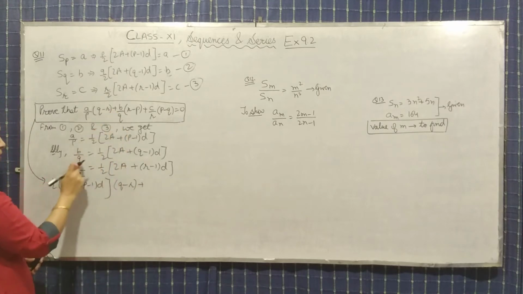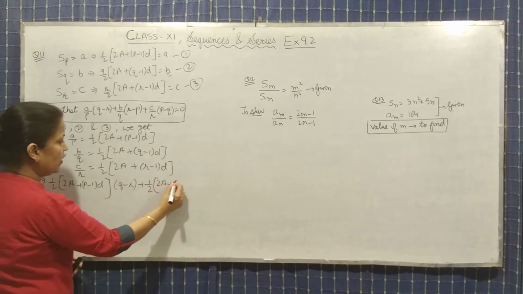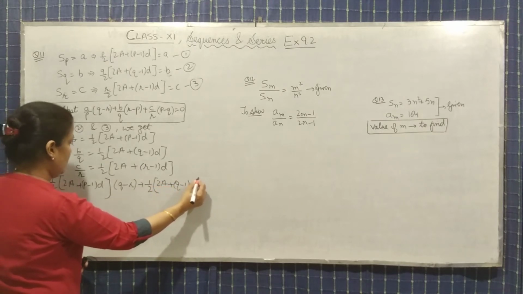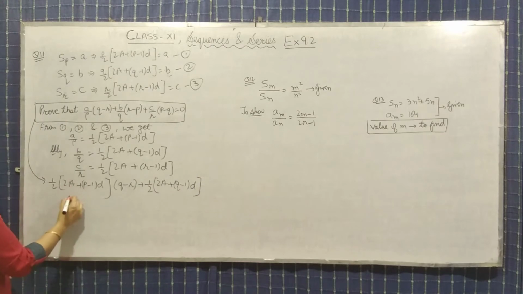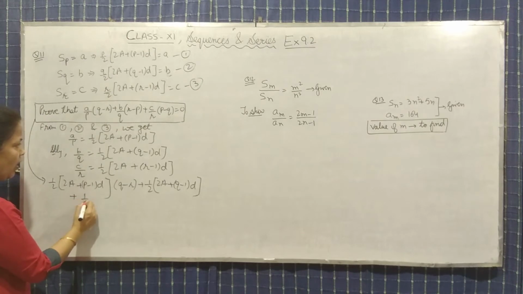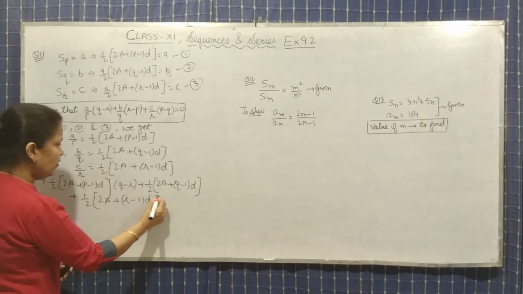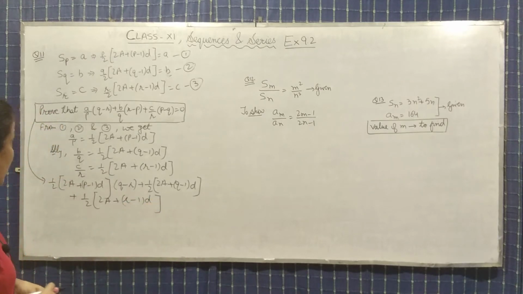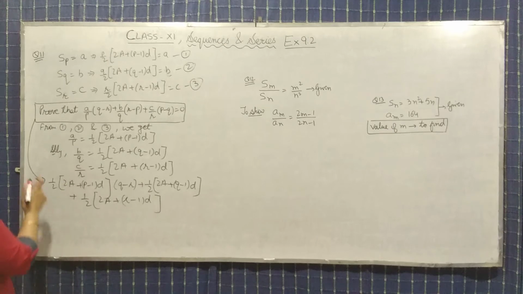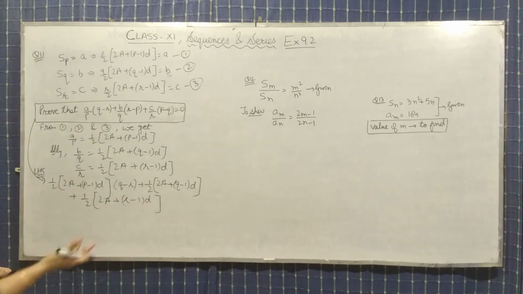Plus, instead of B upon q, you will substitute this value, half (2a plus (q minus 1)d). Plus, instead of C upon r, you will substitute half (2a plus (r minus 1)d). Is it clear? This is the LHS of what we have to prove. Now you will solve it. After solving it, you will get its result as 0.